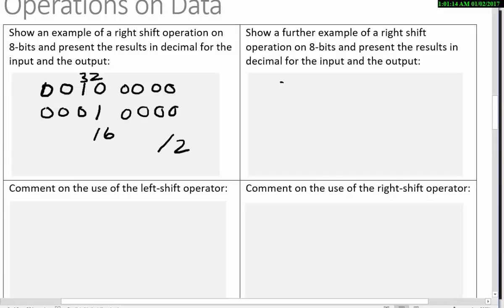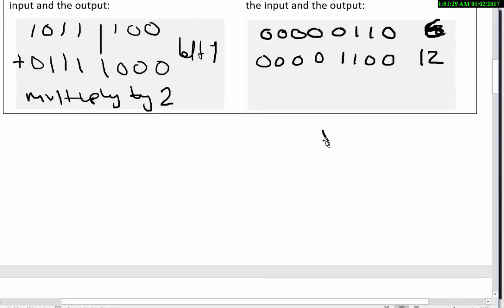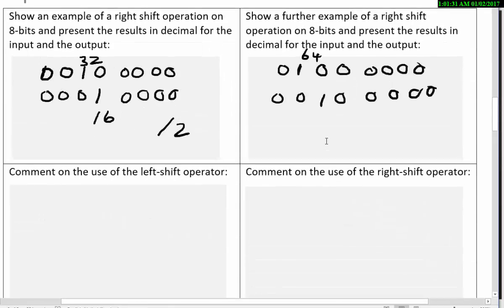And there's a further example. Let's do a slightly bigger number, keeping it simple, 64. And then if we right shift it, it's 32. So you can see it's divided by 2 there as well.